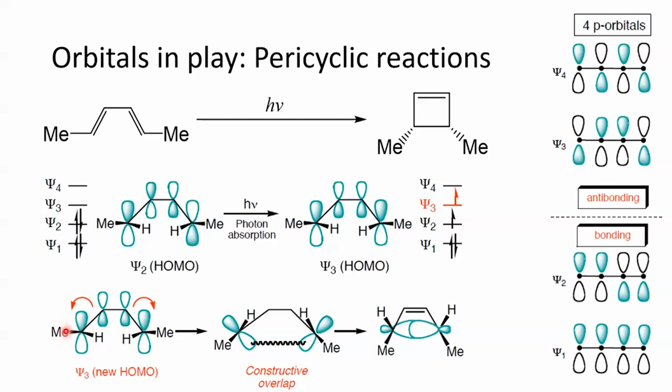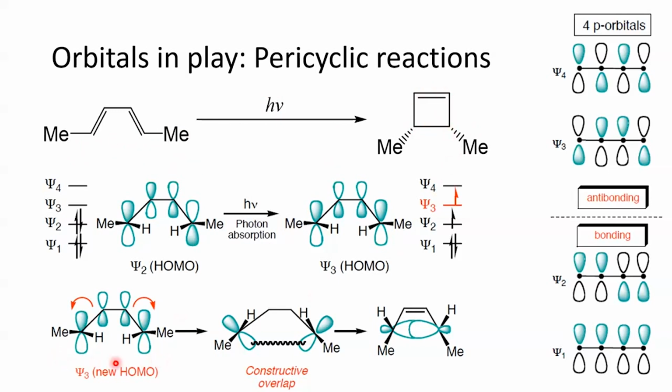These terminal carbons are now free to rotate, which they do, and as they rotate around, we can get constructive overlap between the lobes with the same phase, generating this bonding interaction shown here. So ultimately, upon absorbing this photon of energy, we get the conversion of our diene across to this square molecule.